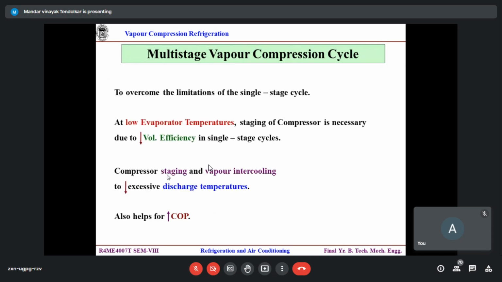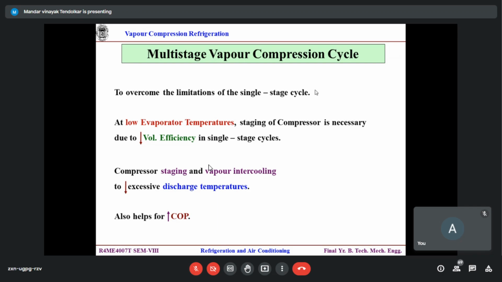A multi-stage vapor compression cycle. Why do we need multi-stage? The basic purpose is to overcome the limitations. Now, what are the limitations of the single stage? At low evaporator temperatures, the pressure is also low, correct?